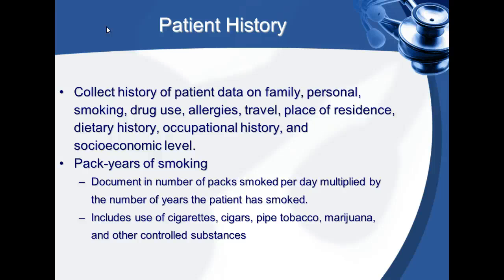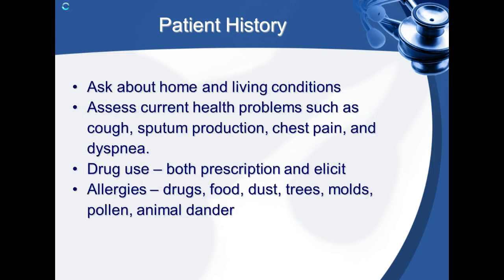So if the person smokes 2 packs of cigarettes per day, and they've been smoking for 10 years, you'll know that person is a 20 pack year smoker. Generally, people often tell you they smoke less than what they actually do. So that includes use of cigarettes, cigars, pipes, tobacco, marijuana, and any other controlled substances as well.